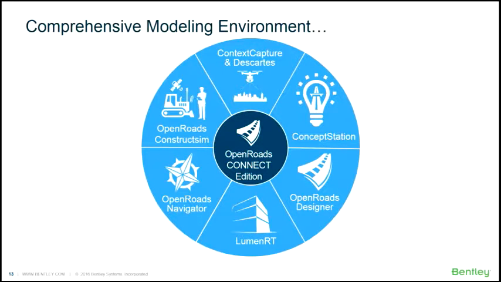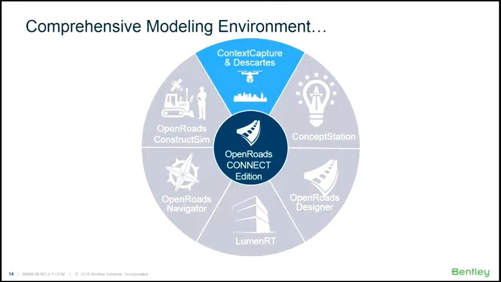But if you take a look from the beginning, with OpenRoads, the vision was to basically produce a set of capabilities that allow people to go from the initial planning and conceptual engineering all the way to construction.